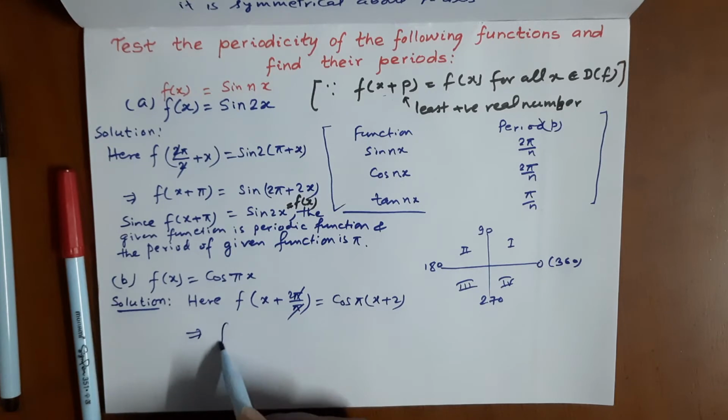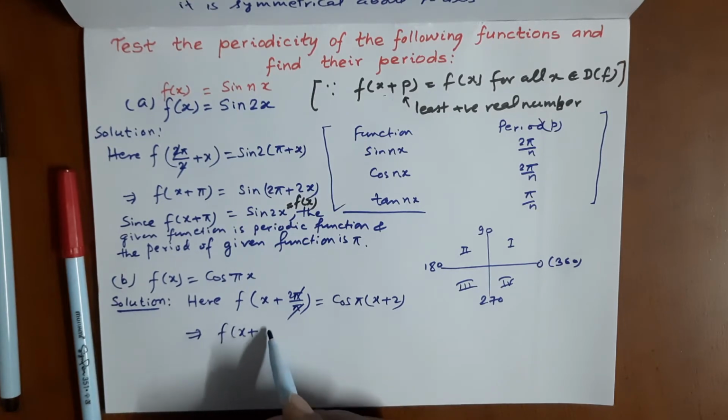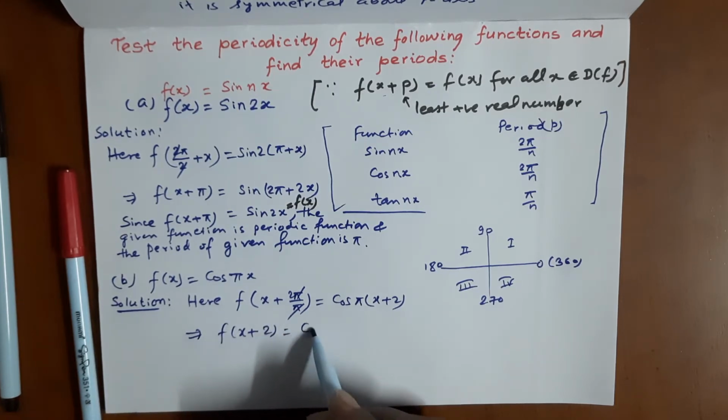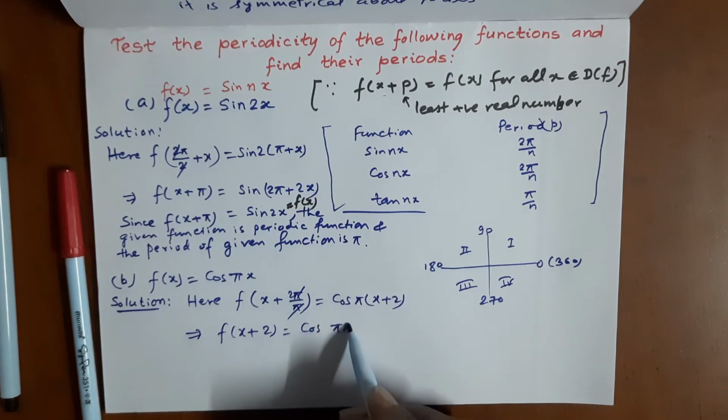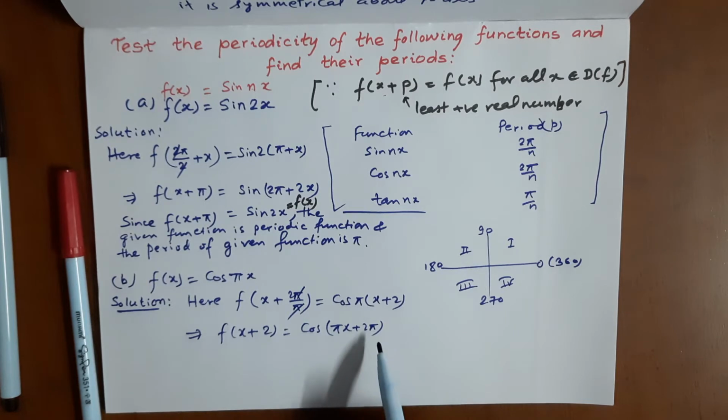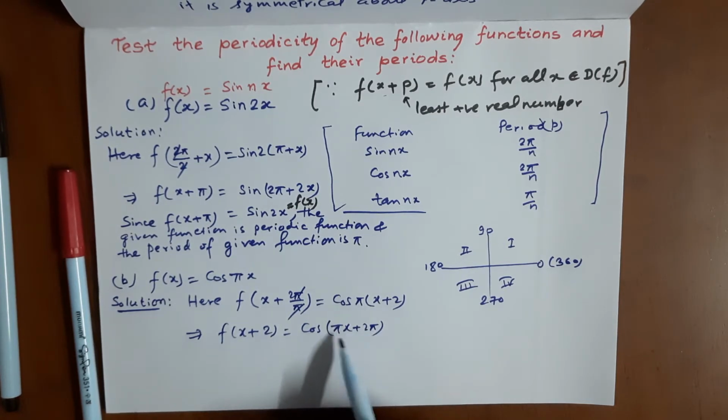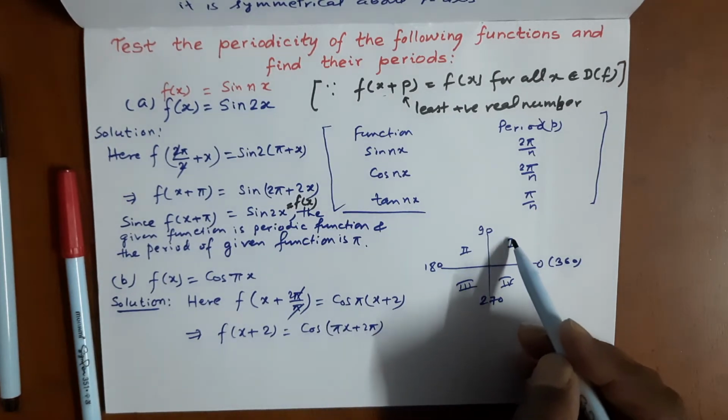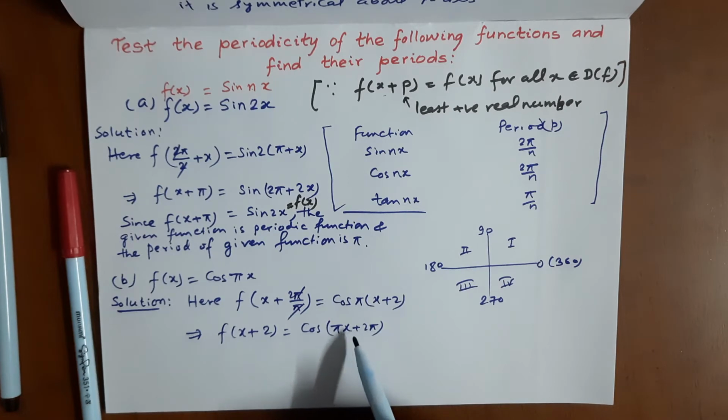This implies f(x plus 2) equals cos(pi x plus 2 pi). Cos 2 pi radian means 360 degree, and 360 degree plus some angle will be in the first quadrant, so that will be cos pi x.